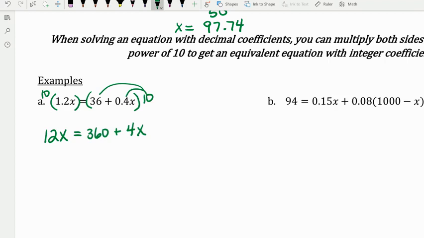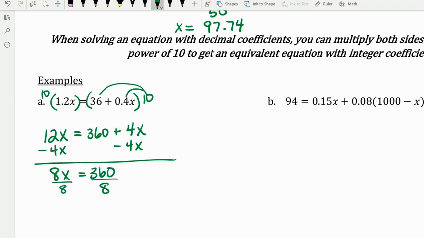Then I can solve just like normal. So I'm going to subtract the 4x over to the other side. And that gives me 8x equals 360. Divide both sides by 8. And when I do 360 divided by 8, we get x equals 45. Okay, so then you don't have to deal with the decimals.